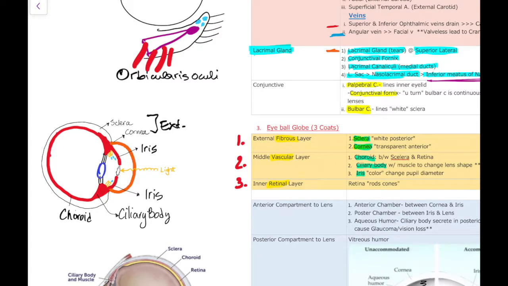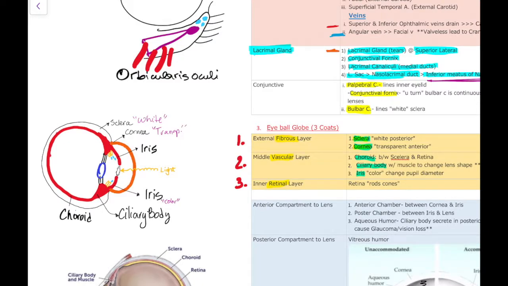Let's go back to the purpose of our external fibrous layer. We have the sclera, which is the white part out here. We have the cornea, which is the transparent part. And then more importantly, in the middle vascular layer, we have the iris that gives it the color.